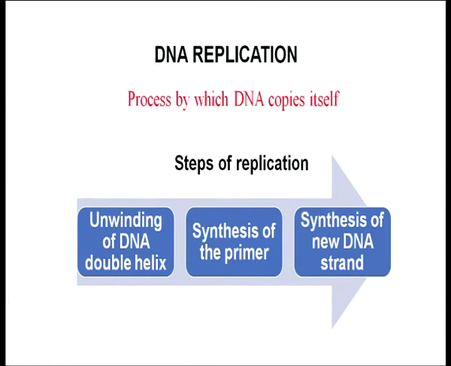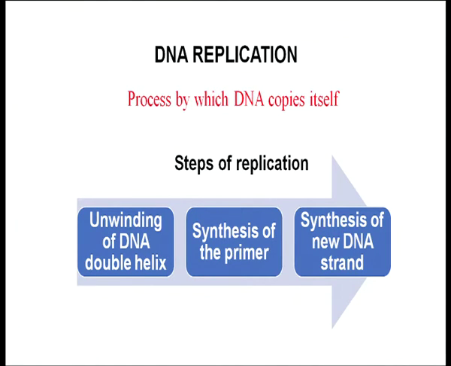This DNA replication is semi-conservative in nature. What is meant by semi-conservative is that we know that DNA is made up of two strands, and those two strands are antiparallel to each other. Semi-conservative means one strand can be used as a template, and based on that template strand, the complementary strand can be built up.